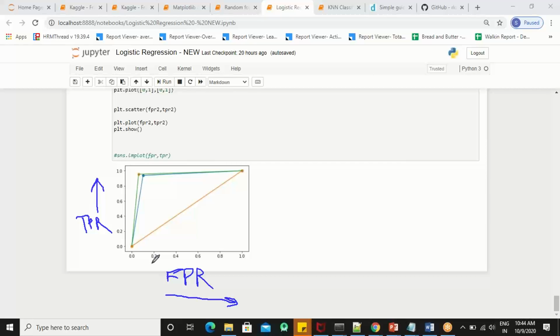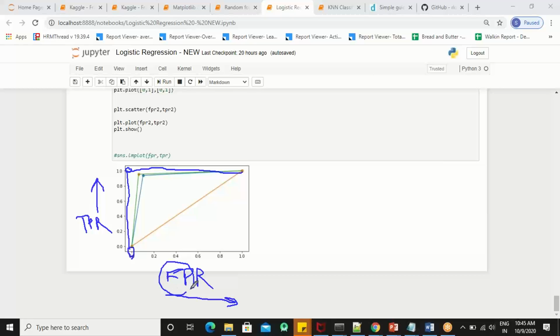The ideal value out of this chart should be where the false positive rate is 0 and the true positive rate is 1. Obviously, something like a straight line like this is the best one, because you want 0 false positive rate and 1 true positive rate.